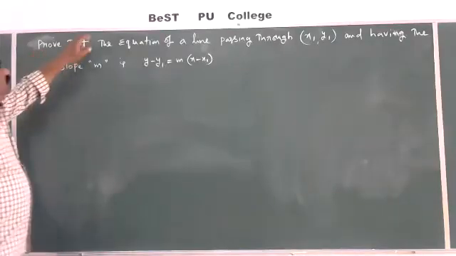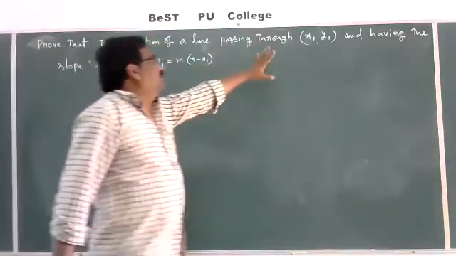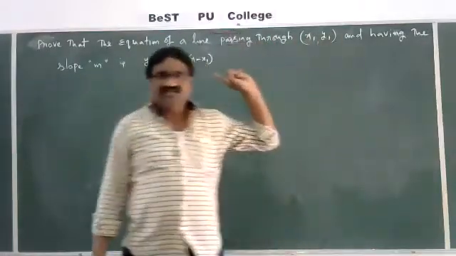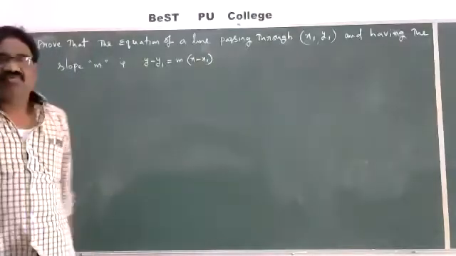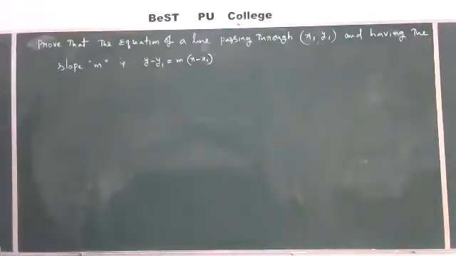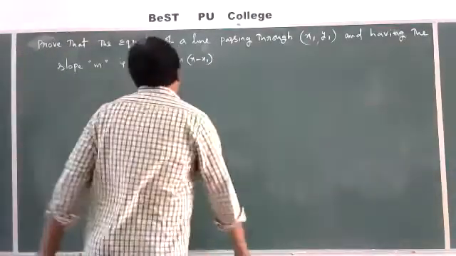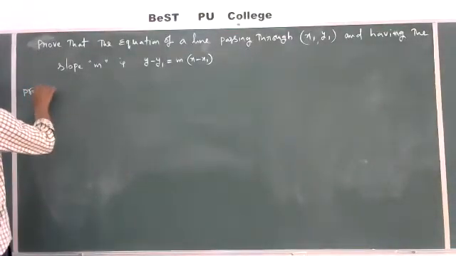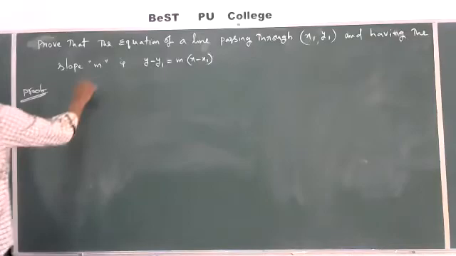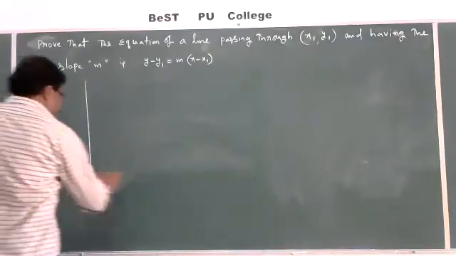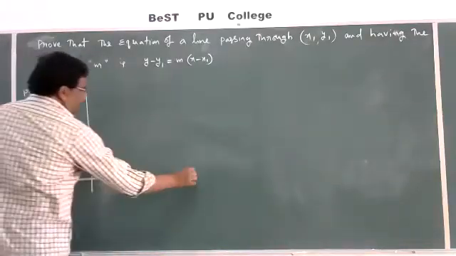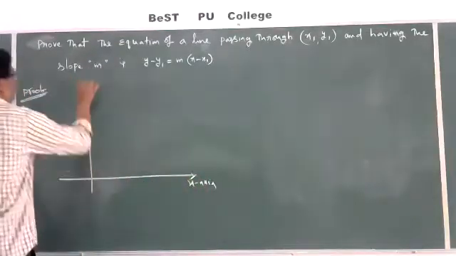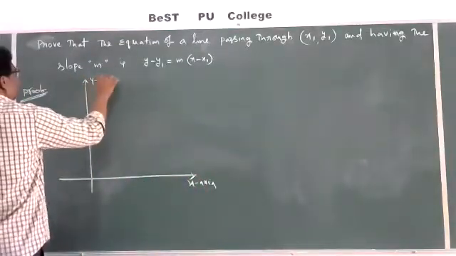Prove that the equation of a line passing through the point x1 comma y1 and having the slope m is y minus y1 is equal to m into x minus x1. Proof. Draw this diagram. These are coordinate axes. This is the x-axis and this is the y-axis.